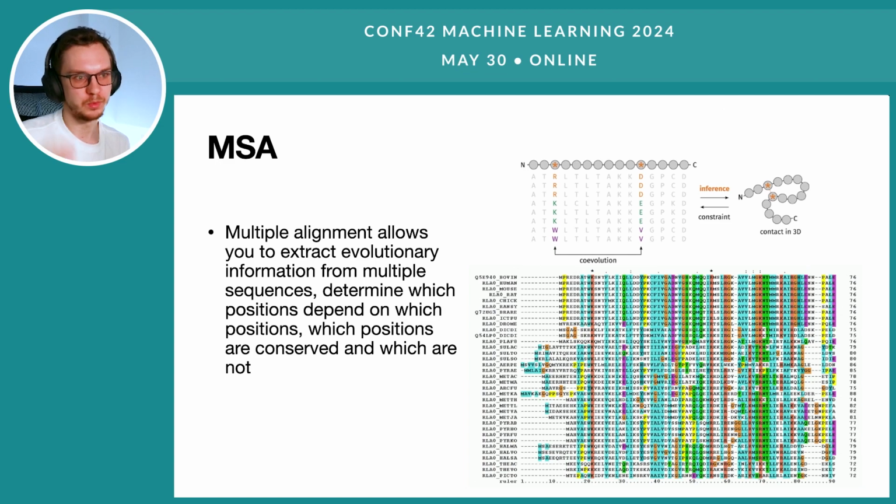So we can have a look in a database and find similar proteins, align them together, so we have the same structural positions on top of each other, and that can help us to get information about how variable this concrete position is, or which positions it interacts with.